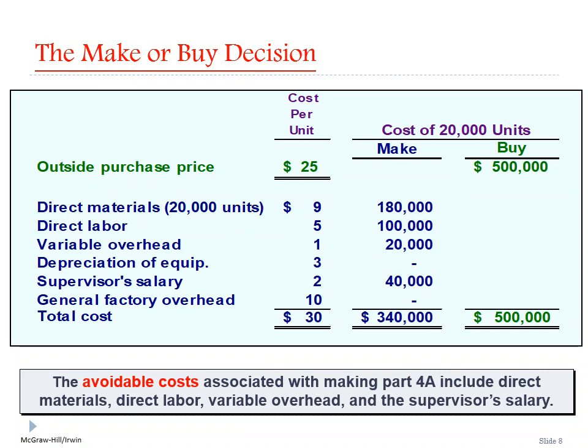Look at the first line. Outside purchase price equals 500,000. We have 20,000 units multiplied by $25, so the result will be 500,000. This is the cost of purchasing these parts.